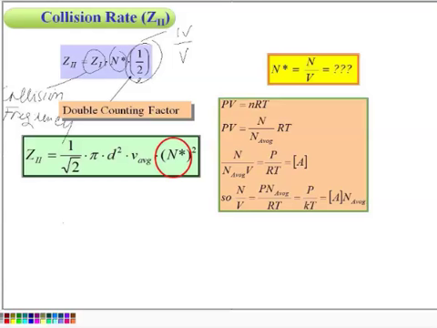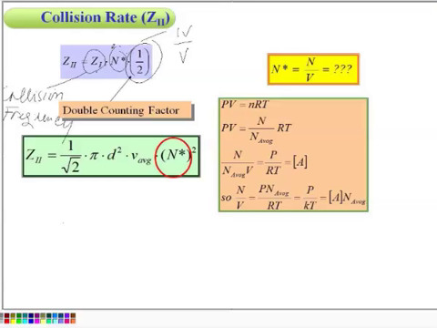Now we can count the total frequency of collision, that is the collision rate between all the molecules of the gas, just by multiplying Z1 times the molecule density.